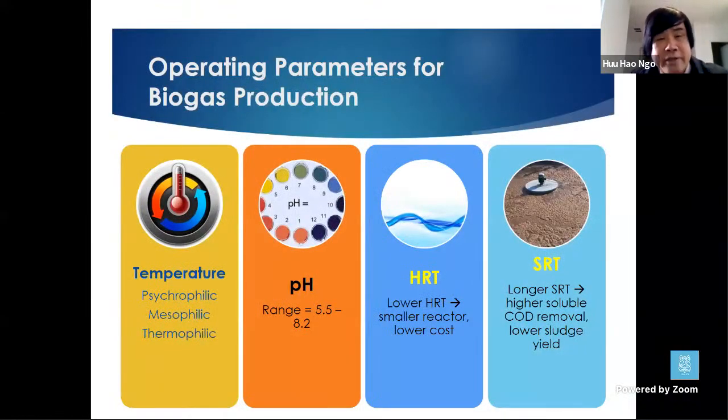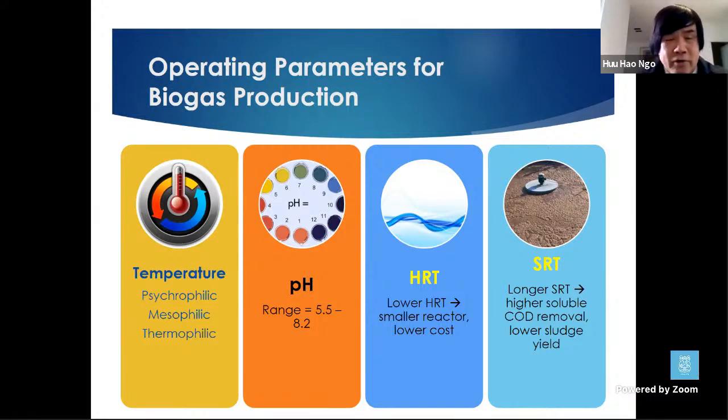Okay, and the operating parameters for biogas production: there are four main ones. One is temperature. Psychrophilic is about 10 to 15 centigrade, mesophilic about 25 to 35, and thermophilic about 45 to 85, roughly like that.